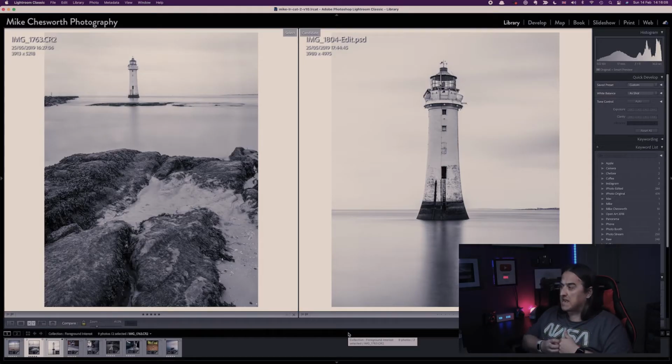For these first two images, I'm going to show you an image of the lighthouse at Perch Rock over on the Wirral, which is not far from where I am here, and it's a very prominent and very well photographed lighthouse.